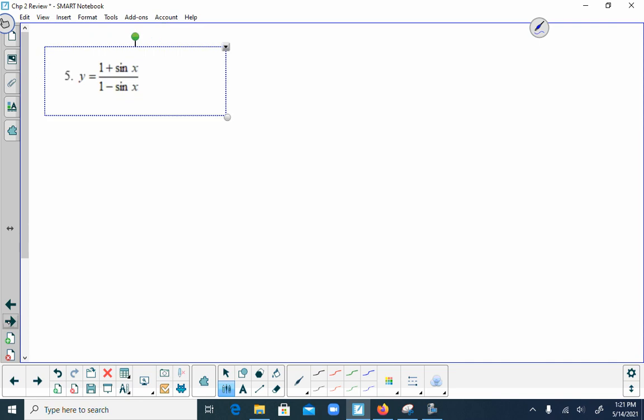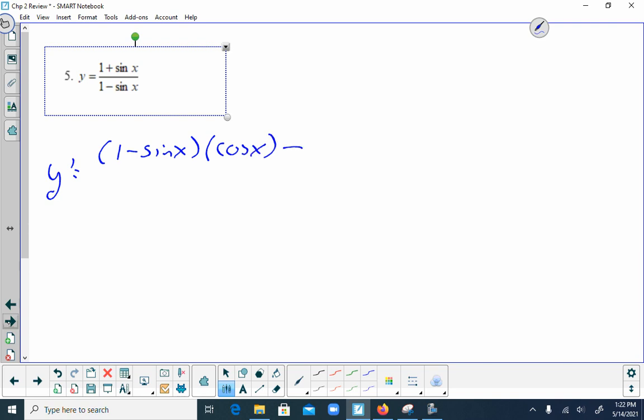Number 5, find the derivative. So I'm going to have to use the quotient rule. I cannot simplify this one because I have that 1 plus and 1 minus, so I have to go with what I have. So to find the derivative, I'm going to leave my denominator alone. I'm going to take the derivative of my numerator. Well, the derivative of 1 is 0. The derivative of sine of x is cosine of x.